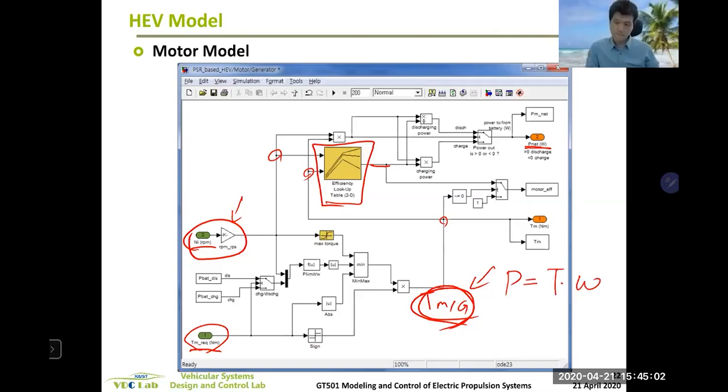But once you multiply this by efficiency, then this becomes electrical power, right?